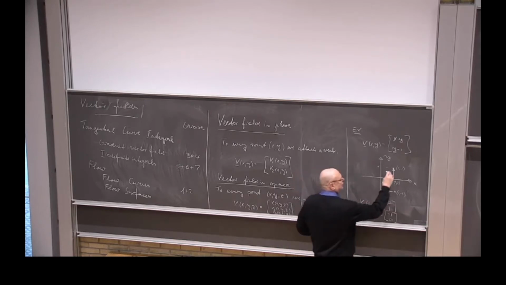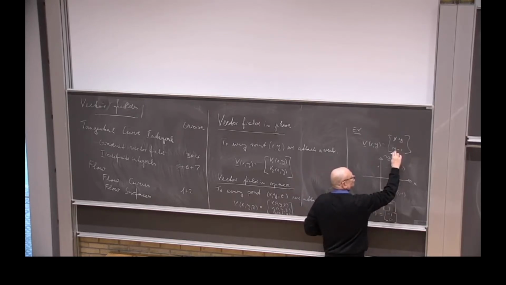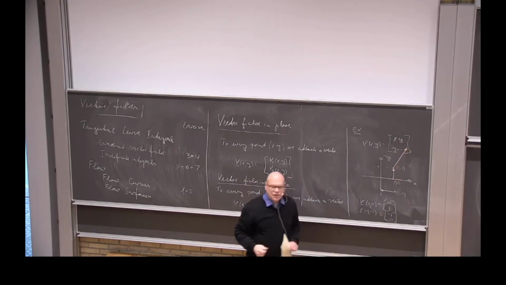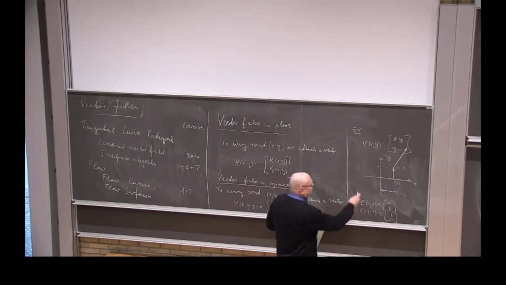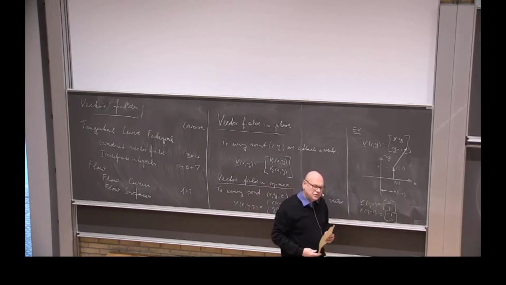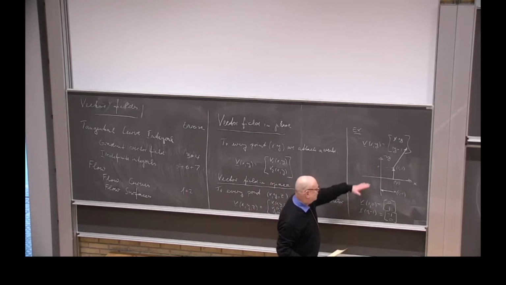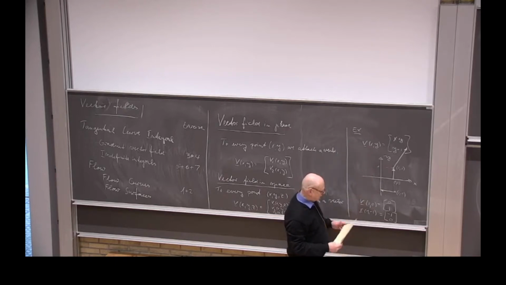And finally, here you have the vector 1, 2, so it'll be a vector like this at this point. But the heart of it is that every point in the plane has a vector attached to it. So you can go to any point in this plane, and then you can draw the vector from this expression here.